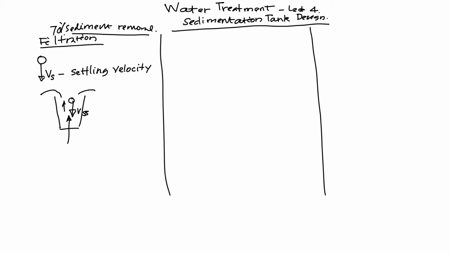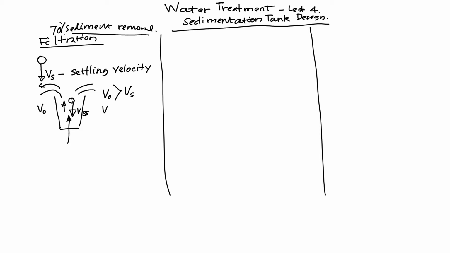The water is moving at a particular velocity, let's say V0, and it goes above the tank and then comes out. If V0 is higher than Vs, then it will take the particles with it, and all the particles will be washed out.